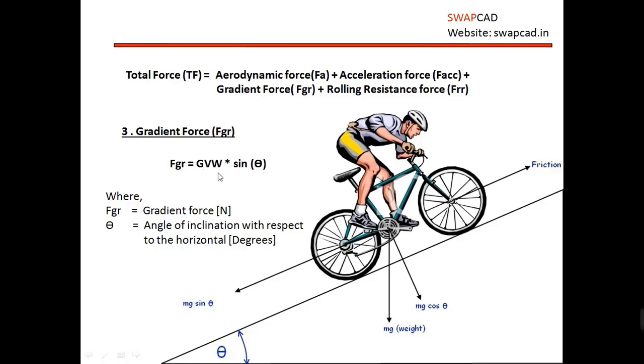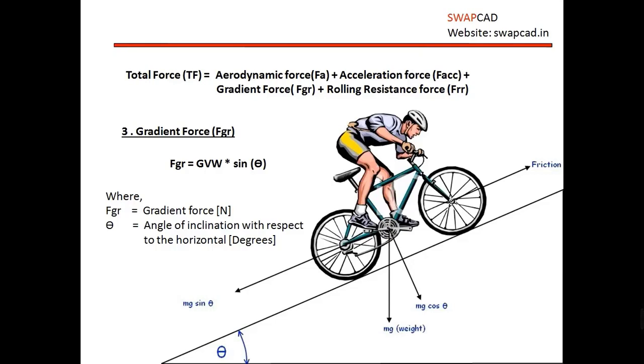We know the mass of the vehicle, which is 185 kg into g, which is acceleration due to gravity, 9.81 meter per second square, and sine theta. In a real world condition, the inclination for the surface or the road which is allowed by the respective governments is around 18 degrees.